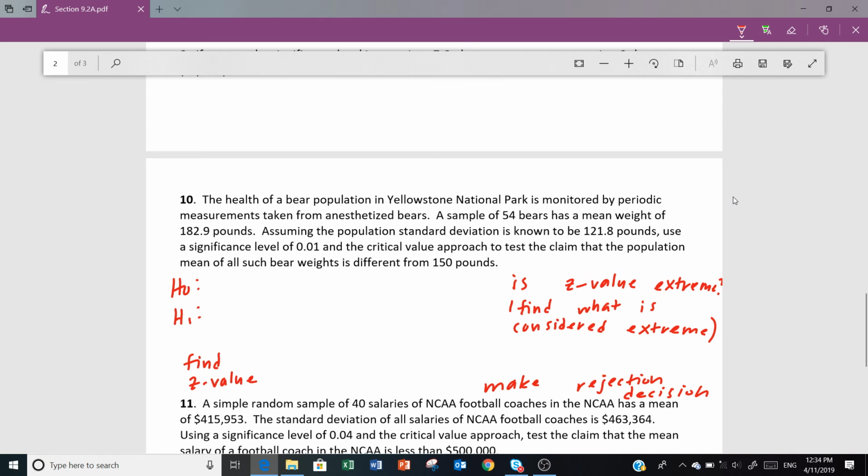The Z score is X bar minus the mean of X bar divided by the standard deviation of X bar. It's 121.8 over the square root of 54. Add that to 150 and it goes above. We know that it's not extreme. 2.58 was from here, it's a two-tailed test.